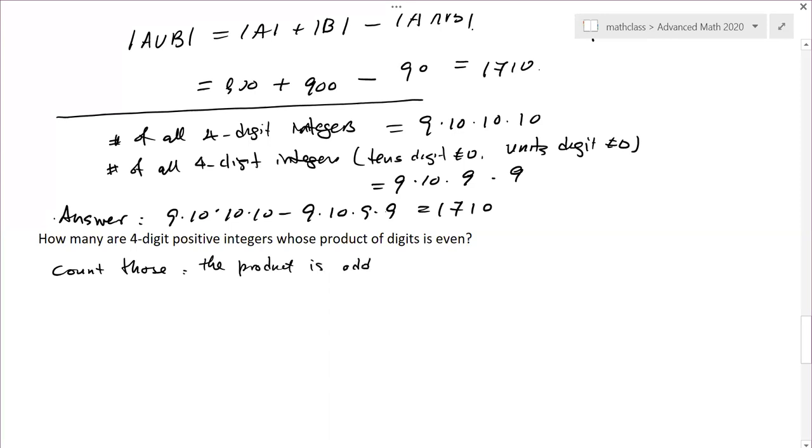The reason is the product of digits is odd if and only if all digits are odd.